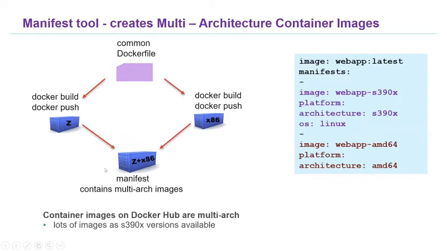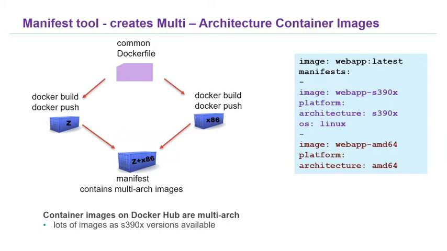And then you build with a manifest tool a so-called manifest, in terms of you have one name, and under the umbrella of that name, you have two different container images.